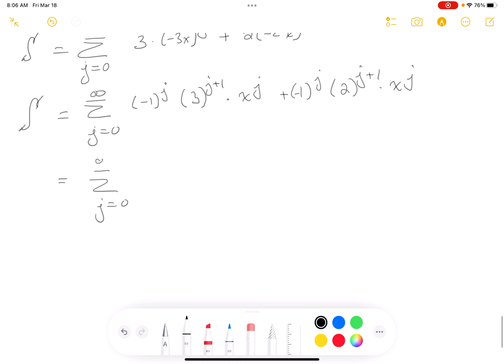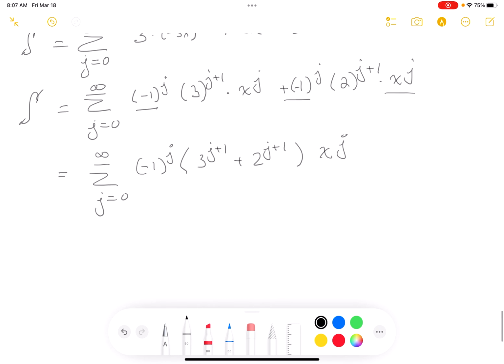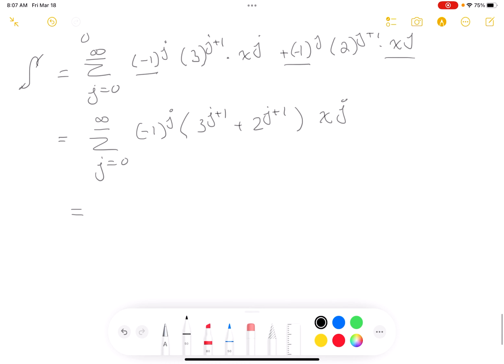I know they didn't ask for this, but this is helpful if you want to learn that. Let's take a look. Minus 1 to the j, x to the j. I got this covered. 3 to the j plus 1 plus 2 to the j plus 1. All right? I'm going to clean up a little bit more. I'm going to combine these two together now.